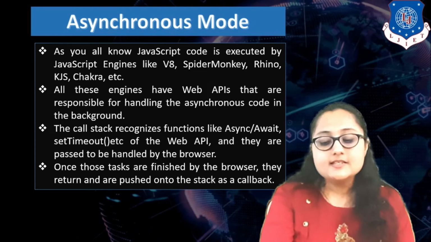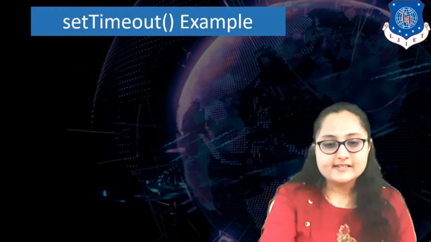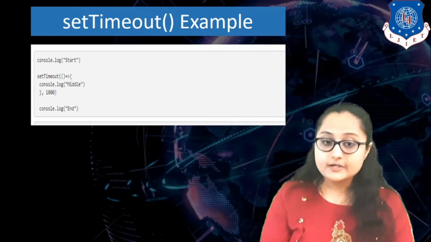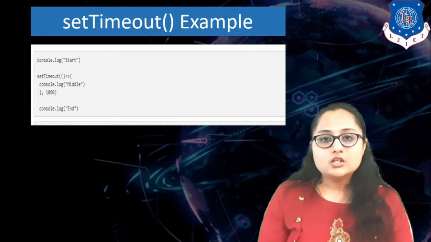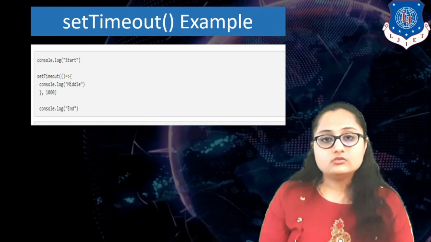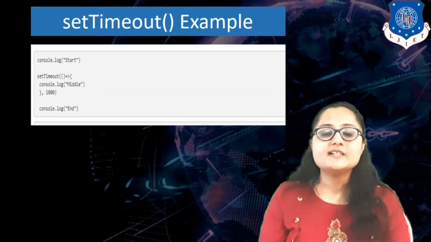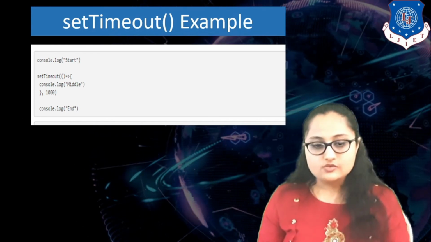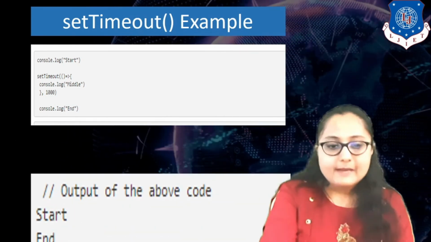So what happens? Take the setTimeout example. Here you can see I have console.log start, then I have written setTimeout with console.log middle, and I have delayed it for 1000 seconds. So setTimeout is basically asynchronous mode. Then I have written console.log end. So what will happen?